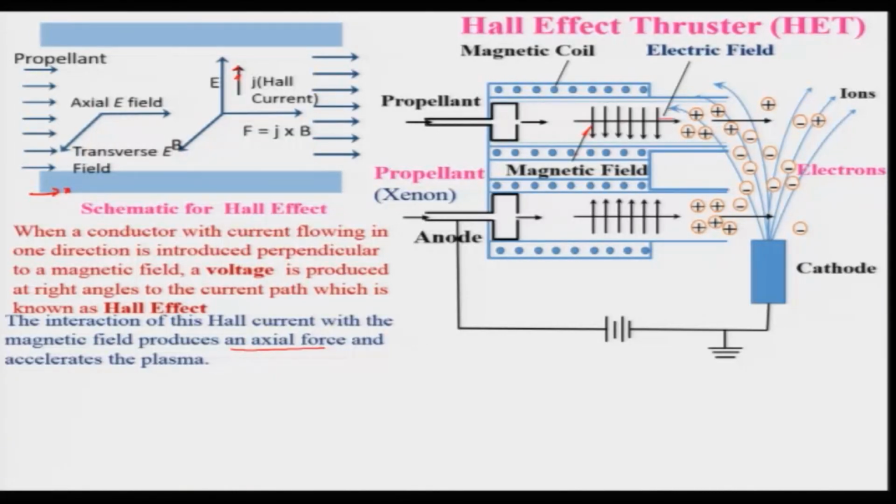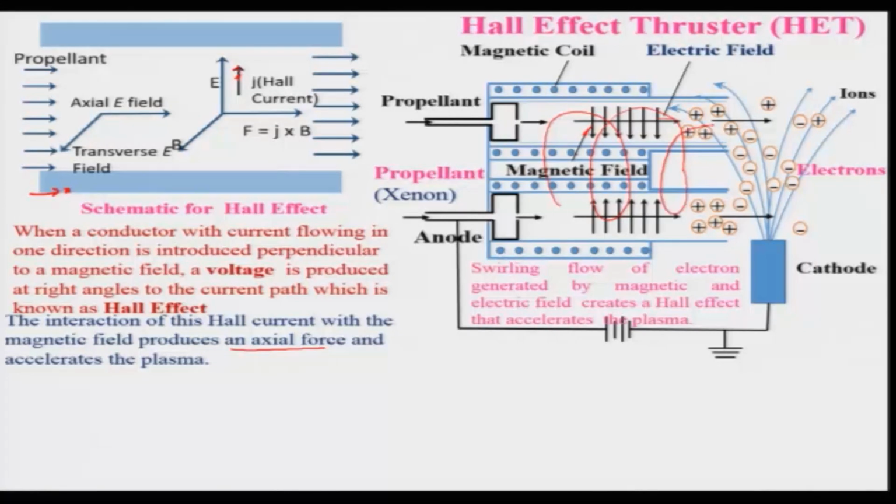When the propellant is passing through, plasma will be created and accelerated. In order to enhance this, one can also pass it in swirling form, and the swirling flow of the electrons generated by the magnetic field and electric field creates a Hall effect that accelerates the plasma, because these two fields are there. As a result, the propellant will be moving in a swirling manner like this. That will be helpful in accelerating the plasma, and that is why it is being utilized.